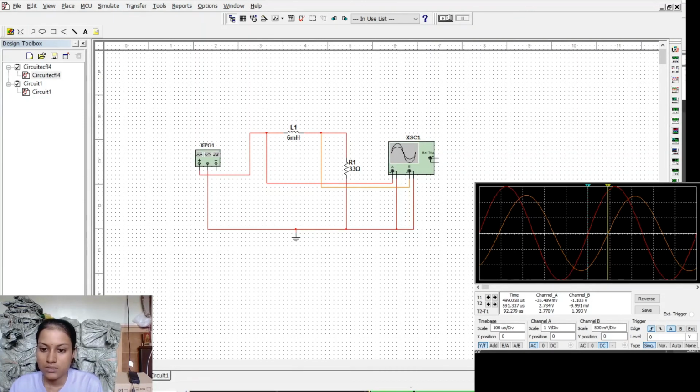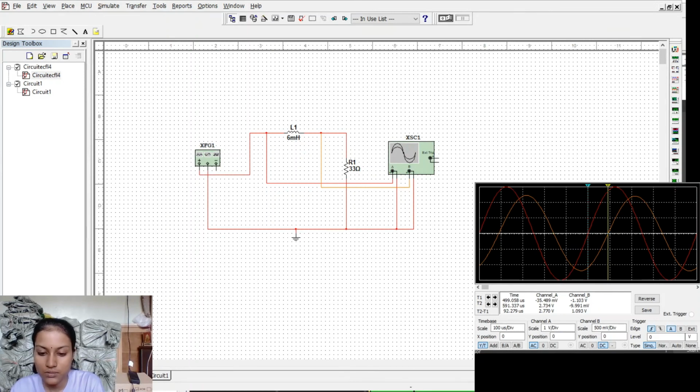The difference that we got is 92.279 microsecond. As usual, we take 360 degrees times 92.279 microsecond over 500.942 microsecond.